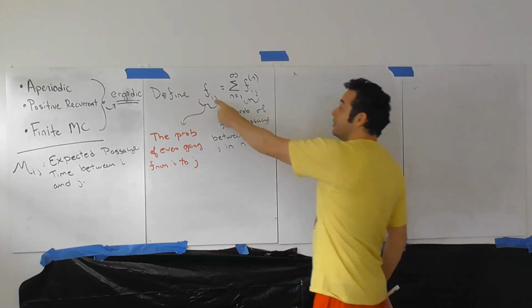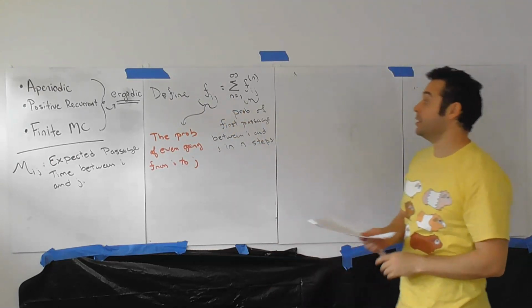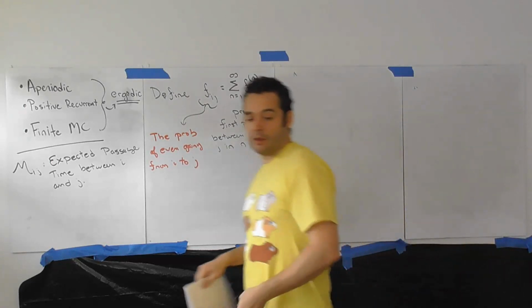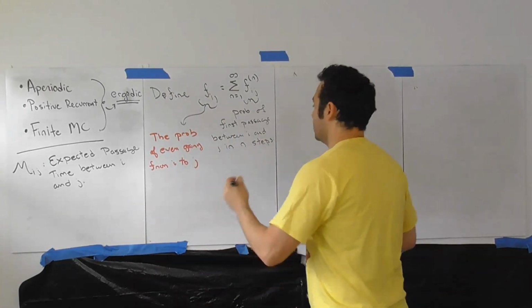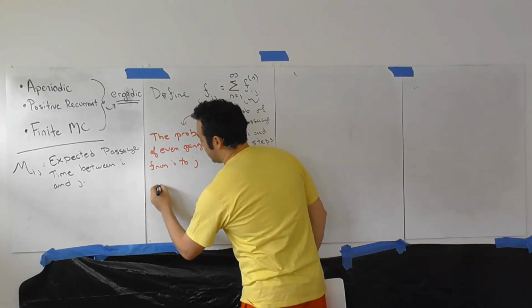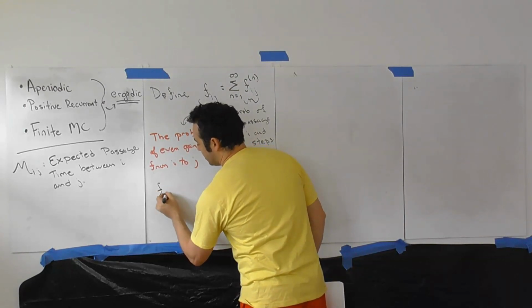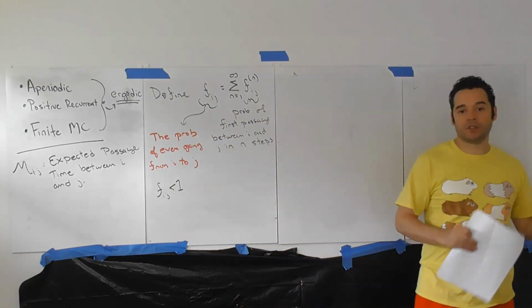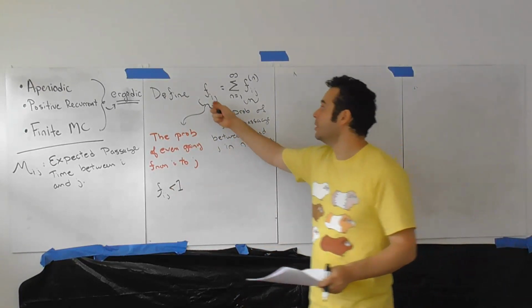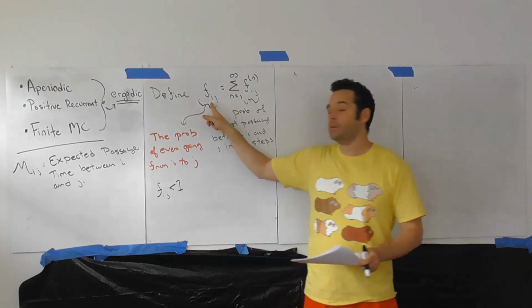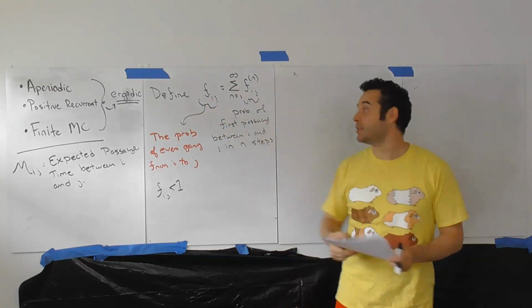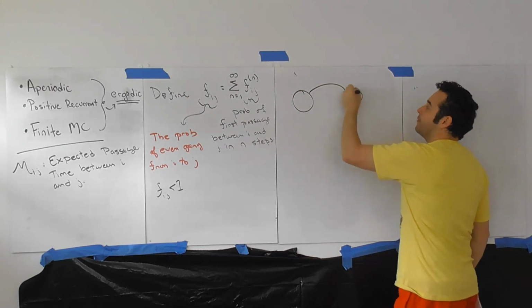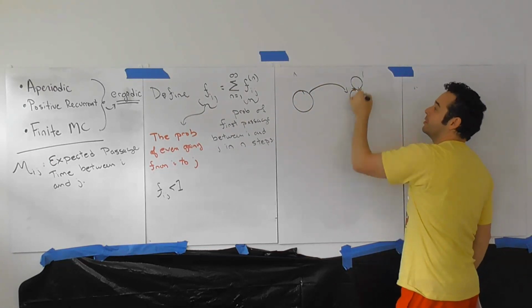So based on this quantity, we can make 2 statements. If this term Fij is less than 1, that means there exists a probability that you are never able to go from i to j. That would be the case where, maybe you have an absorbing node here.